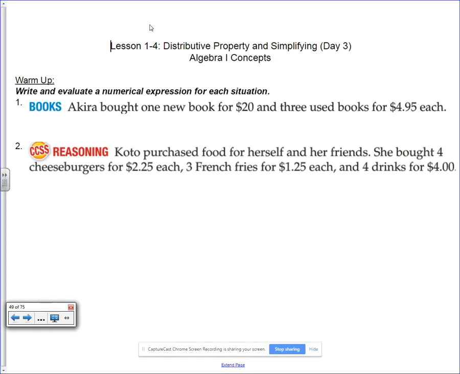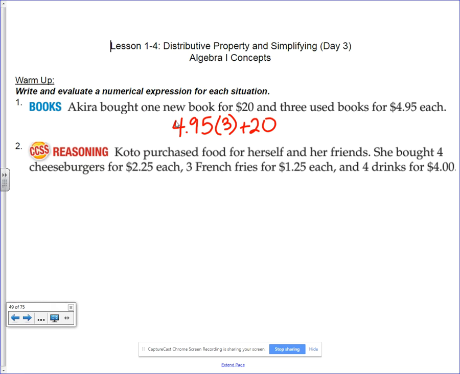I'll wait. Come on. Go ahead. $4.95 times 3. That's part of it. What else would you have to have? Plus the $20. So, folks, this is your numerical expression.